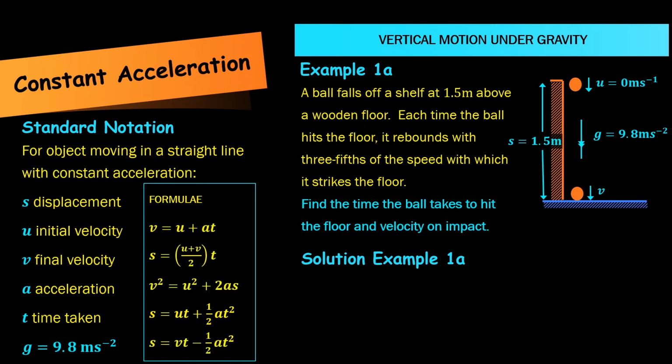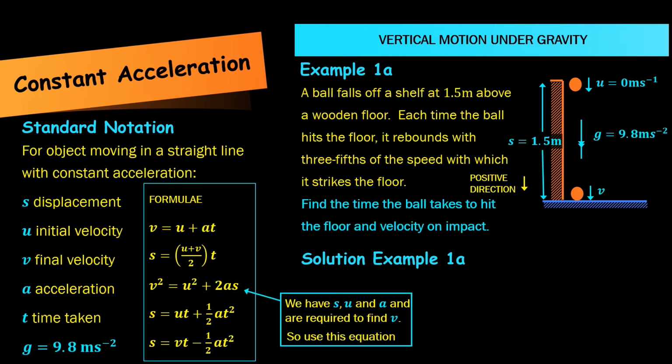Now let's find v. Again, we're going to take the downwards direction as the positive direction. So we have s, u and a, and we are required to find v. And therefore we are going to use this equation, v squared equals u squared plus 2as.